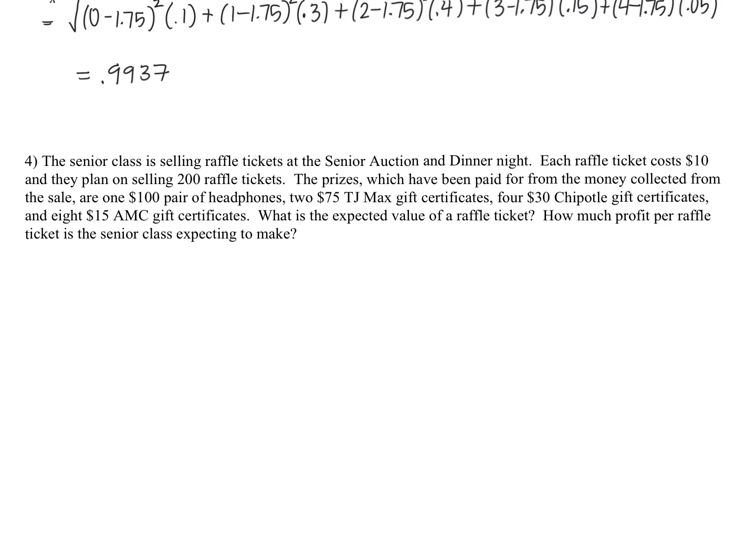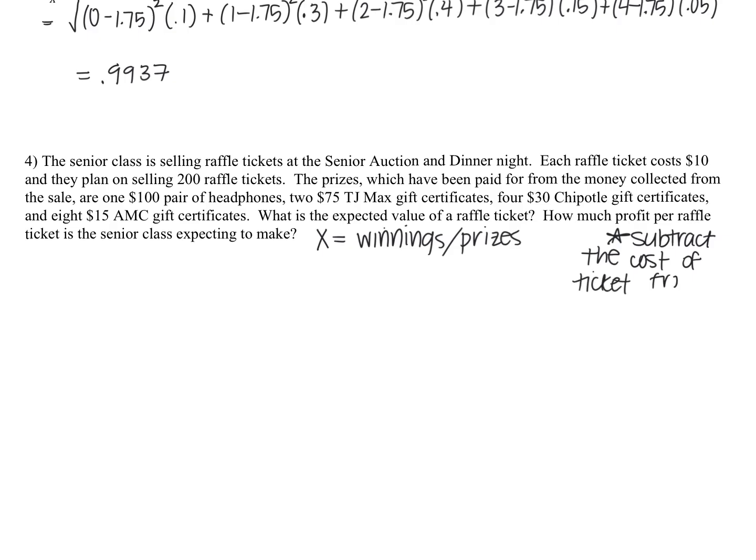So first I have to define my variable X. And my variable X here is going to be the winnings, or if you want to think about it in terms of the prizes that you can get from the raffle. It is important when we're creating our table, we subtract the cost of the ticket from the prize value.